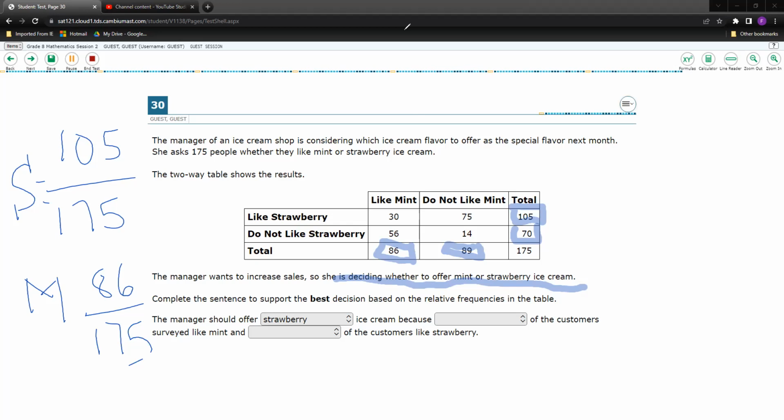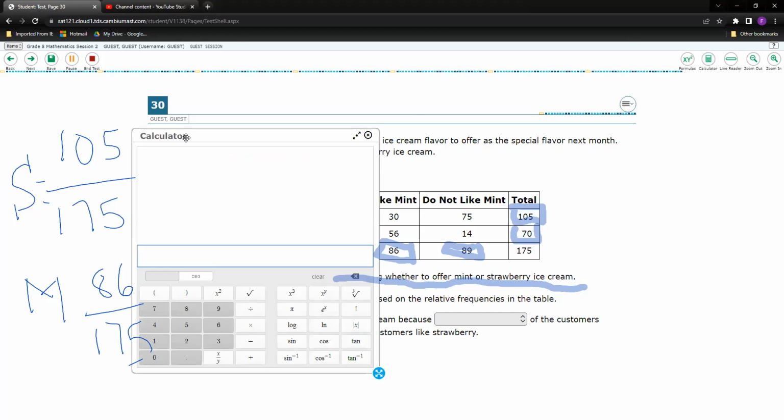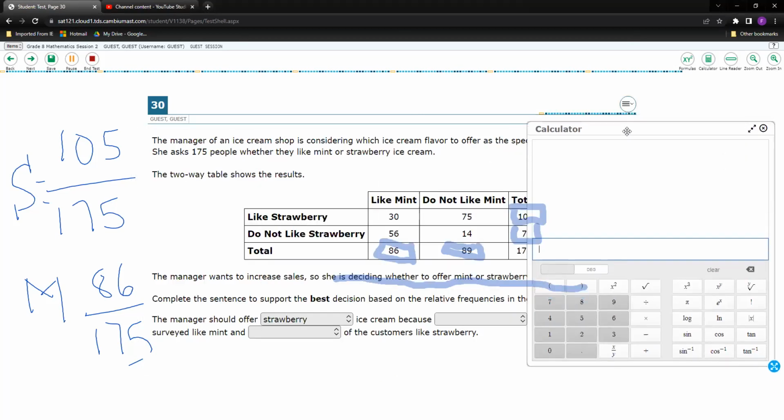So let me do that quickly with a calculator. No need to suffer and simplify the fractions. When we have a calculator, let's use it. Okay, so 105 divided by 175.